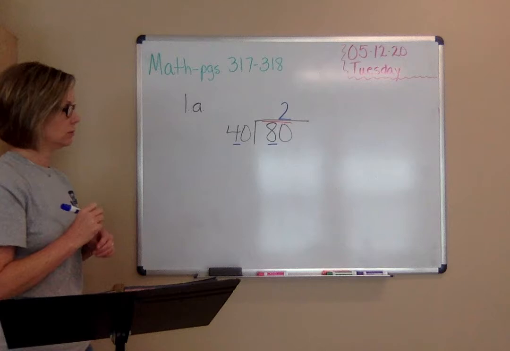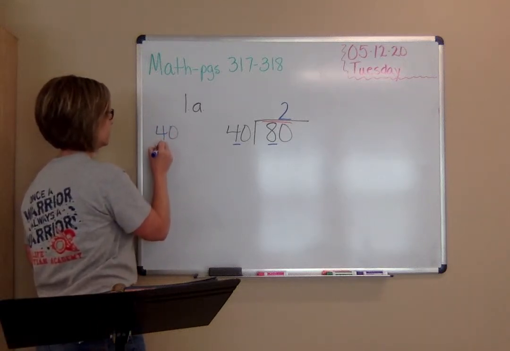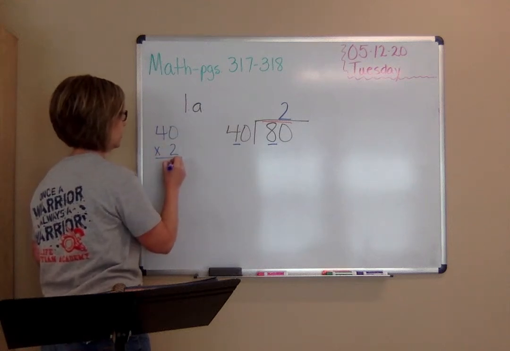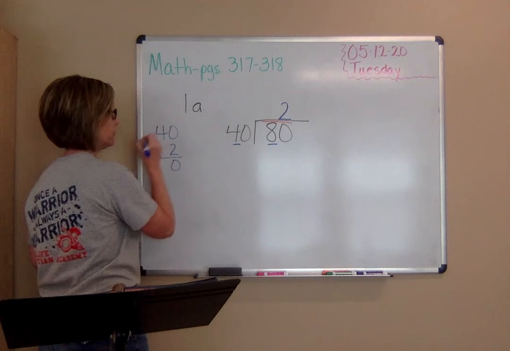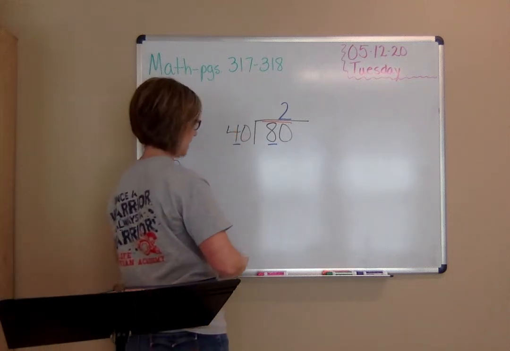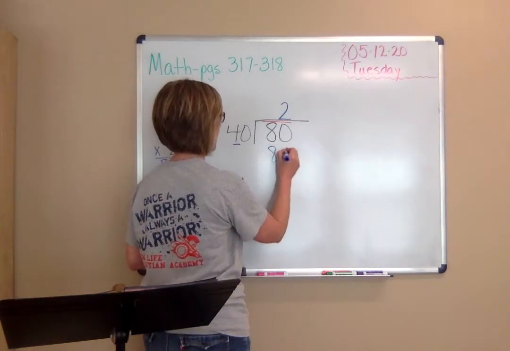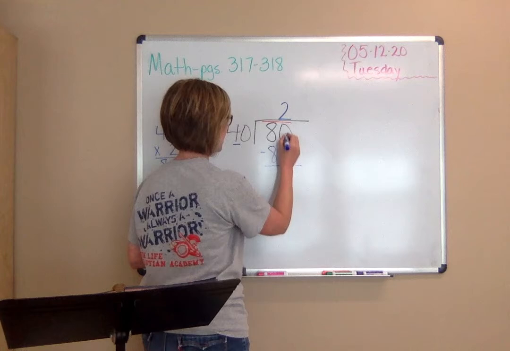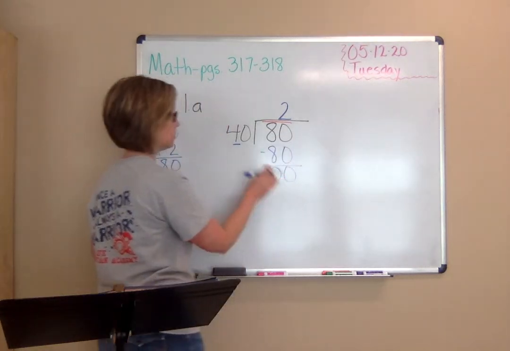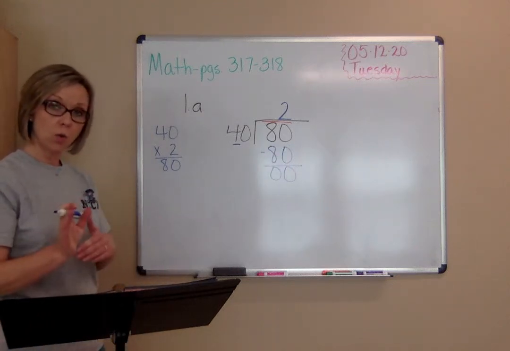And then you can do whichever way you want to do. You can take 40, make sure you stack it, times 2. 2 times 0 equals 0. 2 times 4 equals 8. We put our 80 here. We subtract 0 minus 0, 0. 8 minus 8 equals 0. Smaller than 40, nothing to bring down. We're finished.